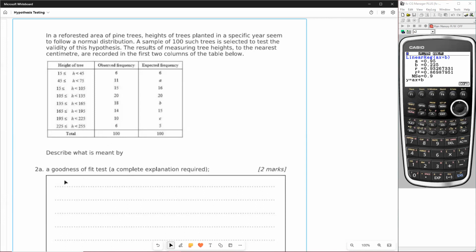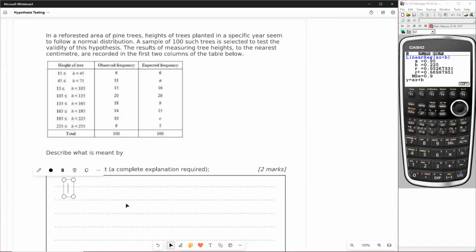Okay. So I will type this one for the sake of speed.